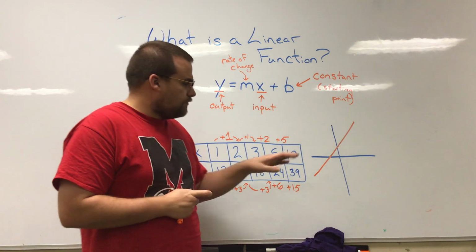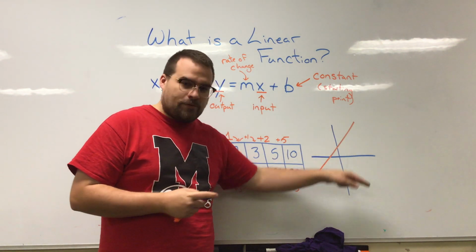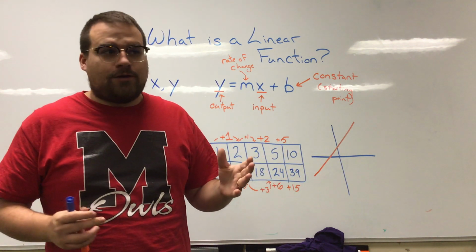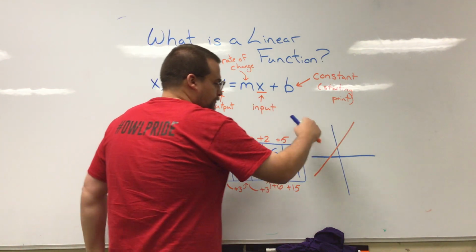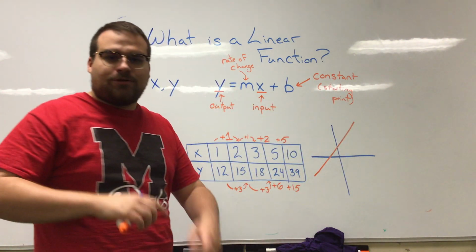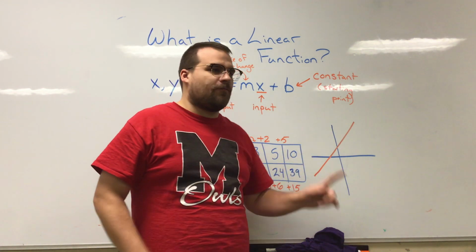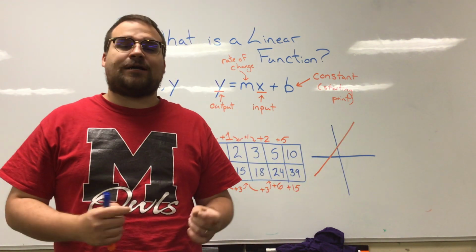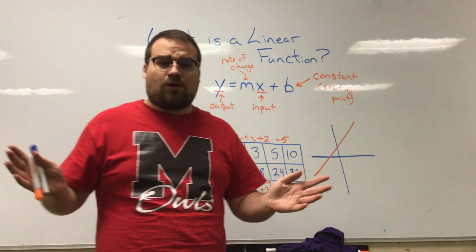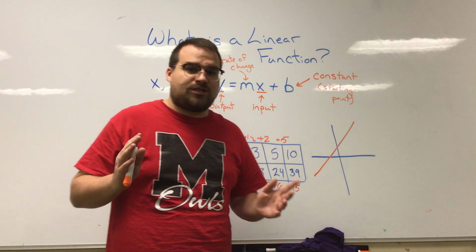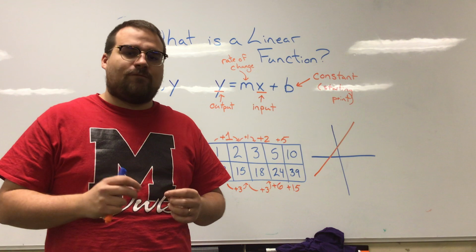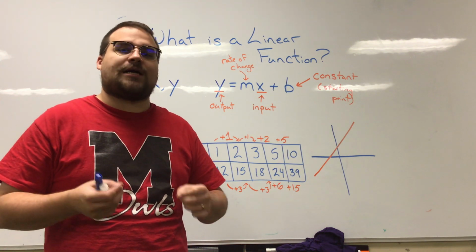So if you have a line that curves, not linear. If you have a line that zigzags up and down, not linear. The line has to be perfectly straight for the entire duration of it. It doesn't have to go on forever, but it needs to be perfectly straight for that entire section where the line exists.